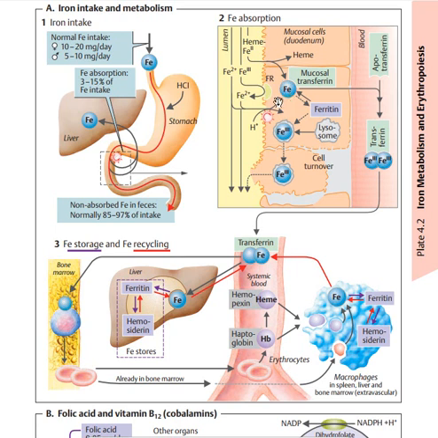Now iron which enters into a cell can bind to ferritin. So when iron 2 ion is inside the cell, it can bind to ferritin and be stored. Else it can release iron 3 ion. The form of iron which is released out of the cell and into the blood is iron 3.